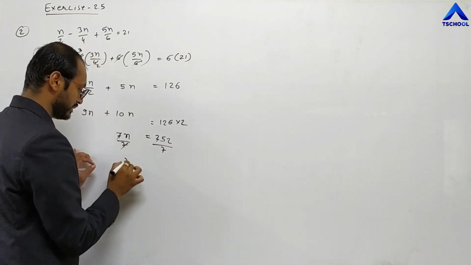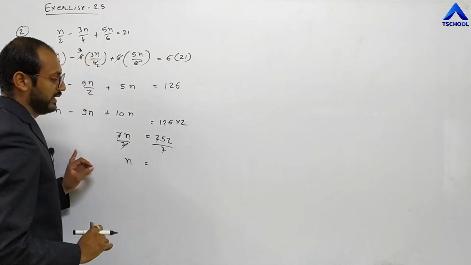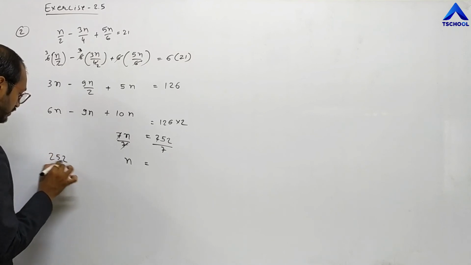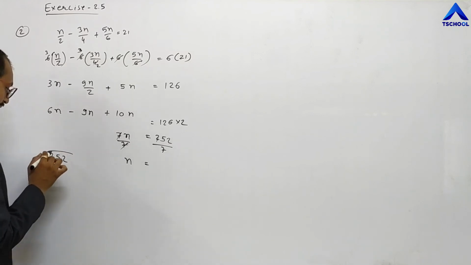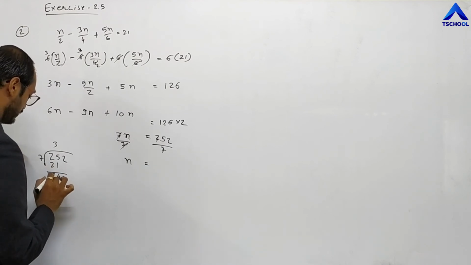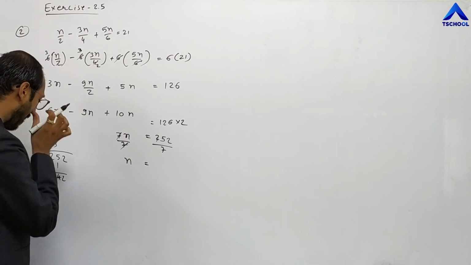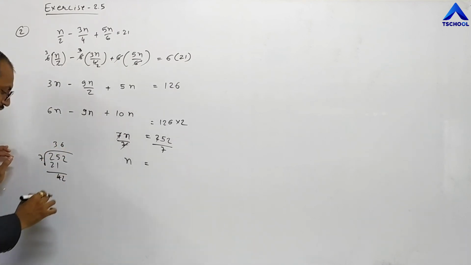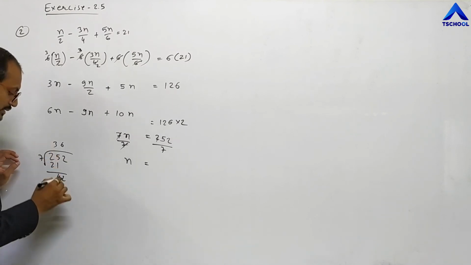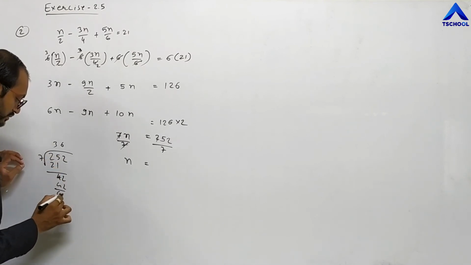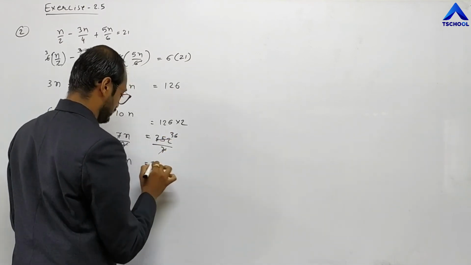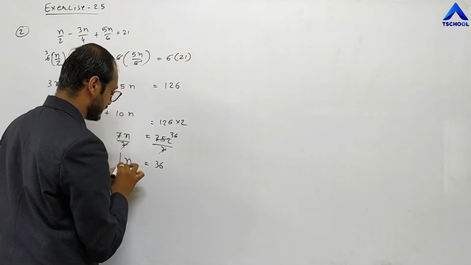The 7 cancels, and n equals 252 divided by 7. Is 252 a multiple of 7? Let me verify: 7 3s are 21, 7 6s are 42. Yes. So 7 36s are 252. So n equals 36.